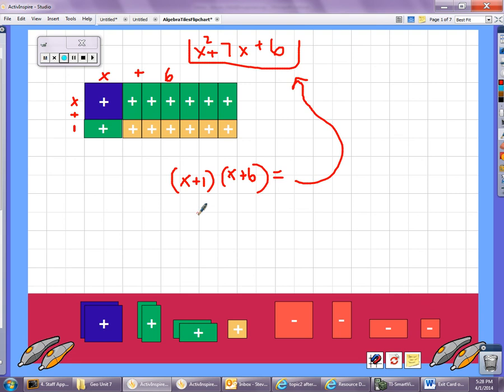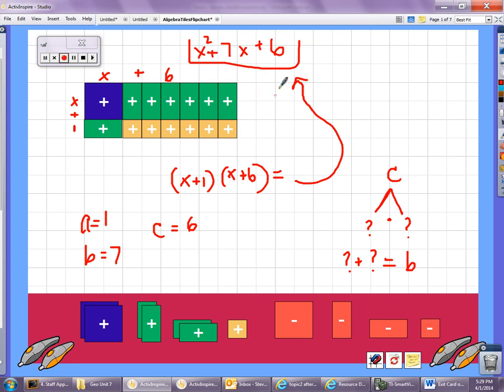But there's an easier way to do this. When the expression is in this exact form, especially with a 1 in front of the x squared, remember that the number in front of x squared is a. We know a is 1, b is 7, and c is 6. Think of the two numbers that multiply to c, but also add to b.